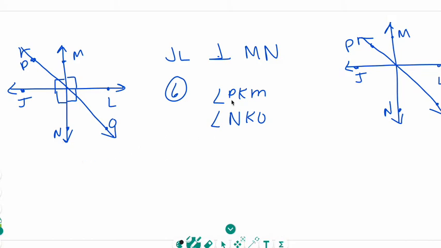We're also looking at angle PKM, and K is going to be our middle vertex. So PKM and NKO. So we're looking at this angle here and this angle here. There's only one type of angle that can be, and that's vertical.